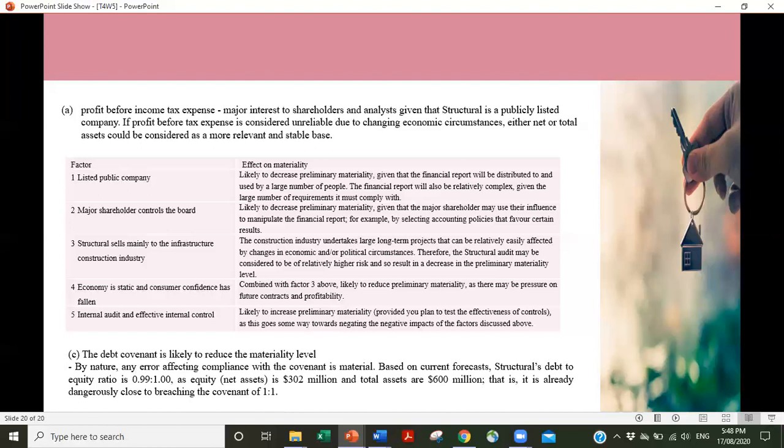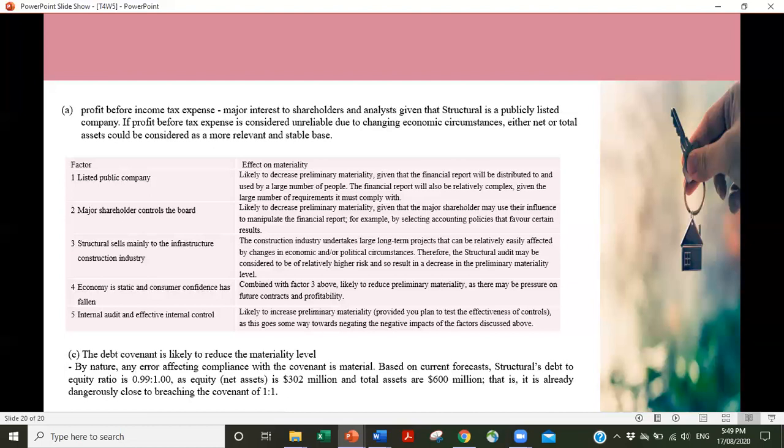They manufacture and sell infrastructure to the construction industry. So their projects are usually long-term, and therefore they're probably of a higher risk, and so that would result in a decrease in their preliminary materiality level.